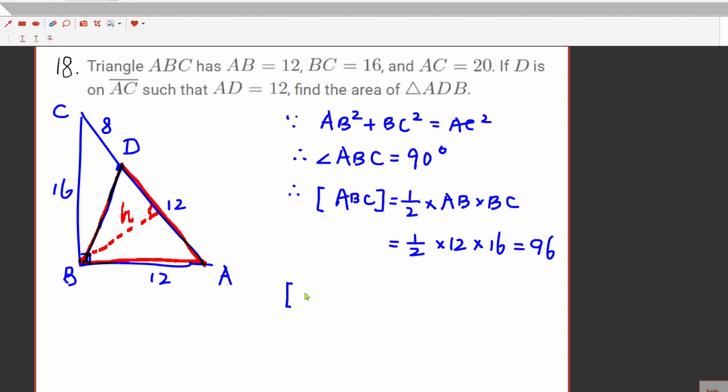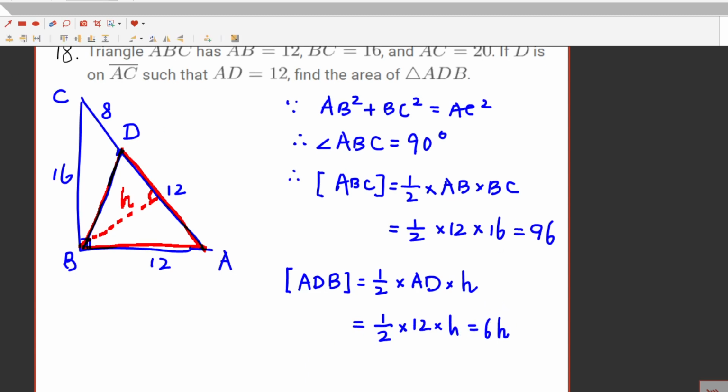the red triangle and triangle ABC share the same height here. Okay, so we could say the area of ADB is given by 1/2 of AD times H, right? And it's actually 1/2 times AD, AD is 12, times H, which is 6H, right? So the problem is, do you know H?